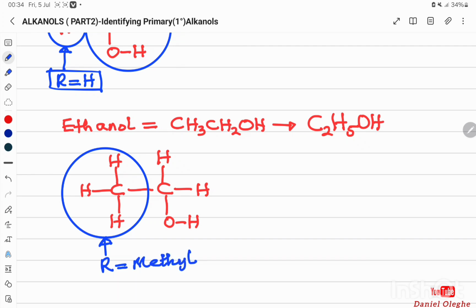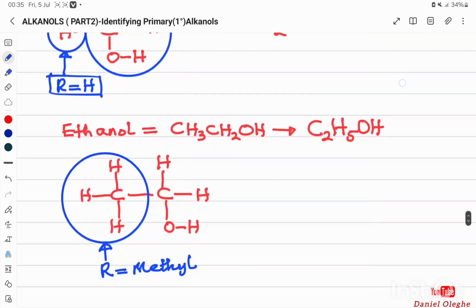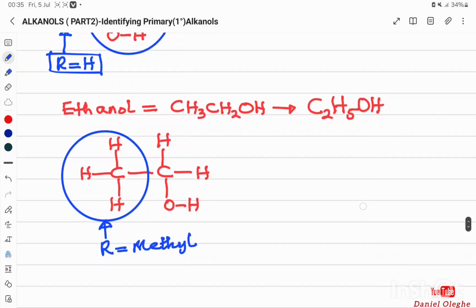That's the simplest alkyl group. Don't forget that it is only methanol where the R is replaced with a hydrogen atom, but it's still a primary alkanol. Why? Because it contains the CH2OH, which is an identity of a primary alkanol.